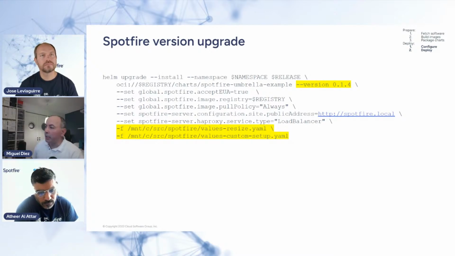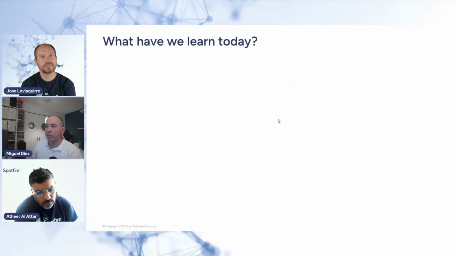I have already pre-built the charts and the containers and pushed them to the registry, so I can use them directly from here. I would not apply reuse values. I would be deterministic and apply the values that I want to apply, and that's all. Initial installation, change configuration, resizing, upgrade is everything the same.